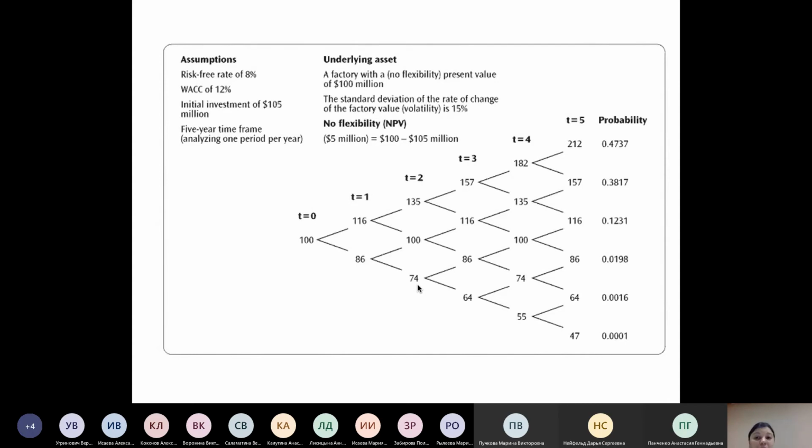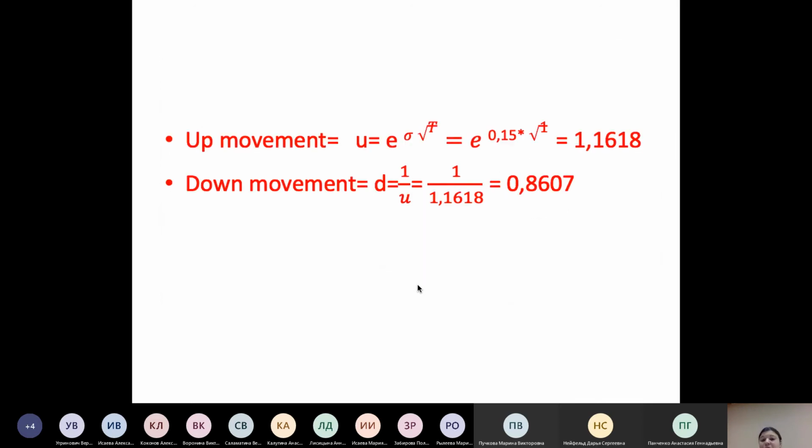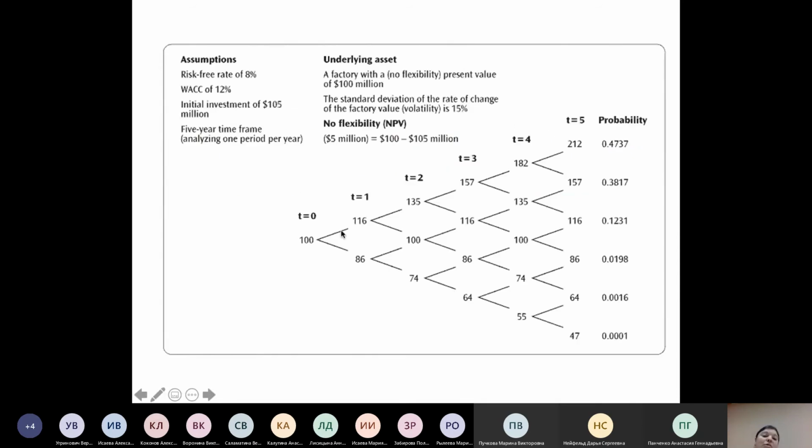by the end of the fifth period, we can expect that our cash inflows will reach the highest level, the maximum of 212, and the minimum, the lowest level, will be 47. In other words, on the first step, you add the up movement and down movement coefficients, the coefficient of growth and the coefficient of decreasing, and you construct this tree.